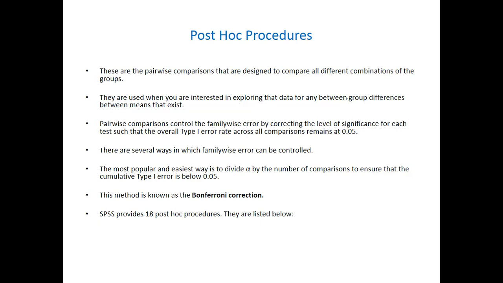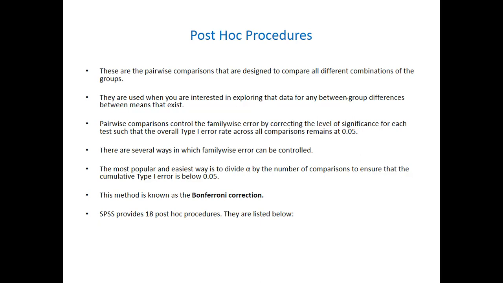Pairwise comparisons control the family-wise error by correcting the level of significance for each test so that the overall type 1 error rate across all comparisons remains 0.05. What we mean here is, you remember one of the major reasons you don't use t-tests to compare 3 or more groups is that you end up doing many tests.